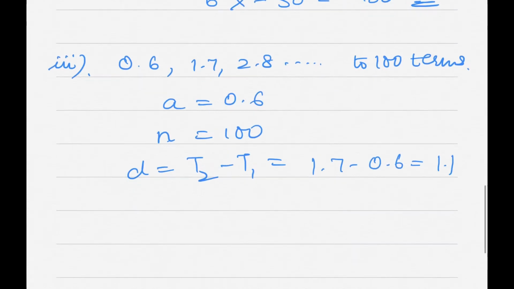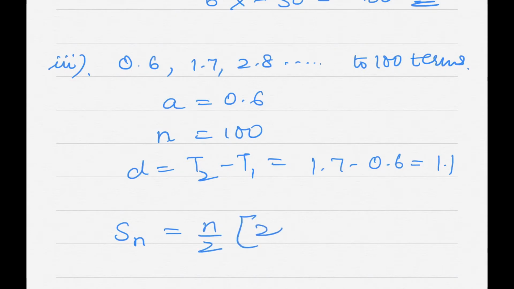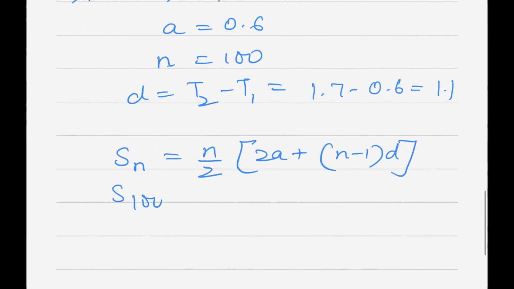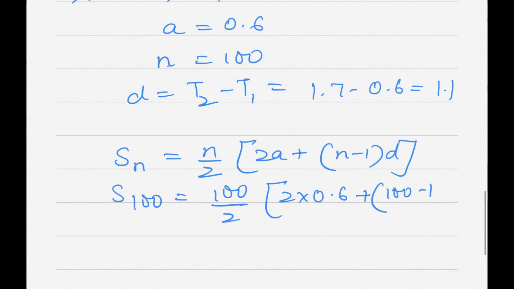Now we'll again write down the formula. So sum of n terms is equal to n by 2 [2a plus (n minus 1) into d]. So sum of 100 terms here, okay, is equal to 100 by 2 into [2 into 0.6 plus (100 minus 1), and d is 1.1].